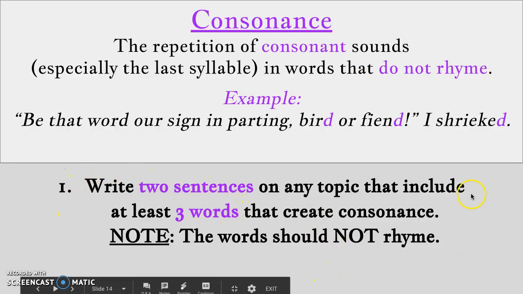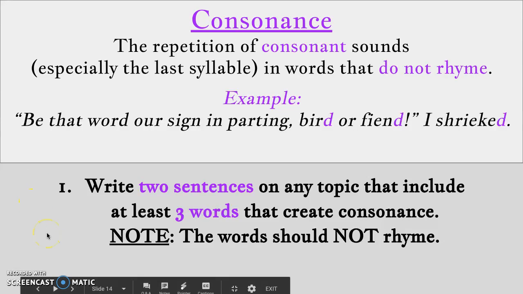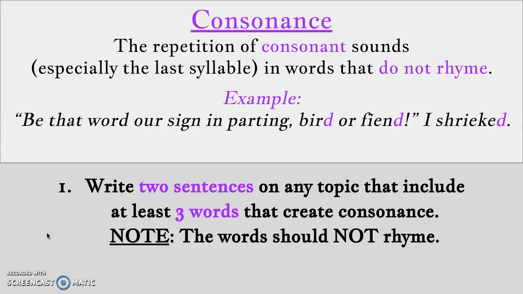They have a little project to do with it that's pretty basic, and that is, for example for consonants, to write 2 sentences on any topic that includes at least 3 words that create consonants. So this then will show me that they are absorbing this definition of consonants and are able to produce an example of their own. This is great practice for them for what the next step is going to be.